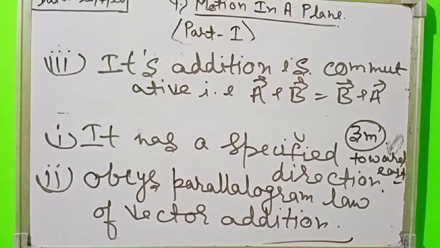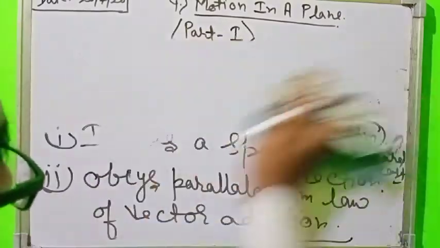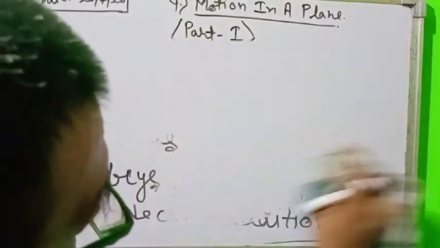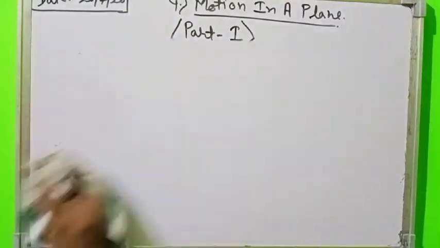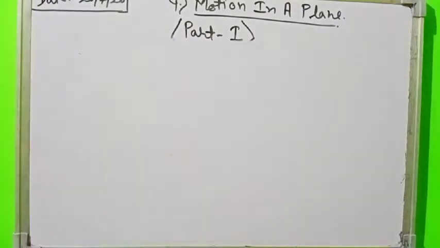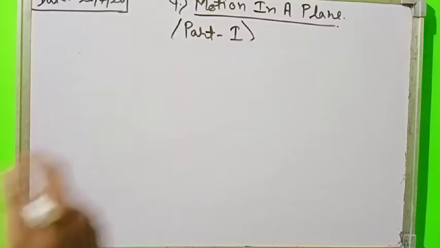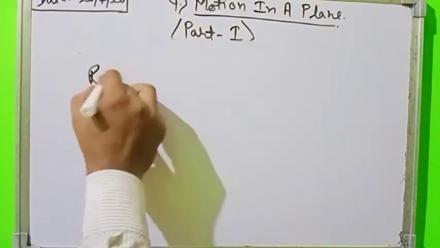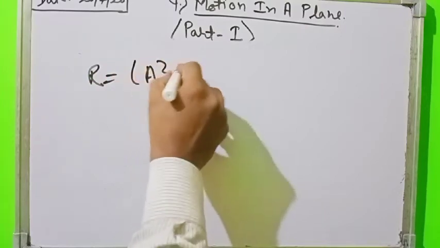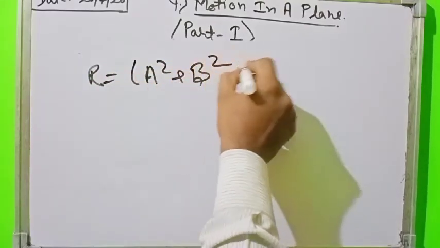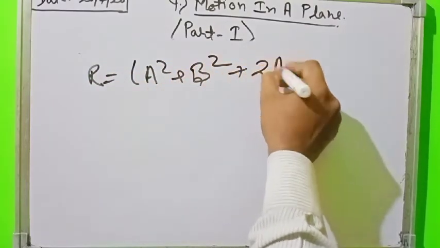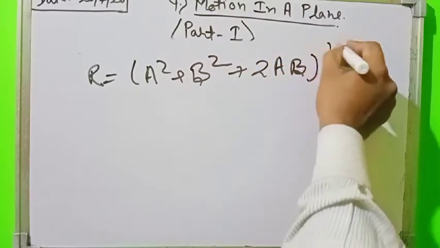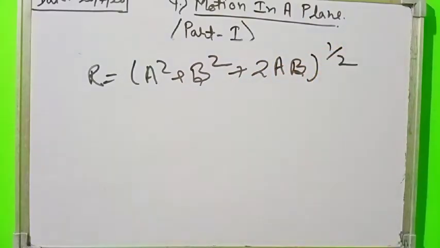Parallelogram law of vector addition means, I am writing just the formula, and later on we will derive this. R is equal to (A square plus B square plus 2AB cos theta) to the power 1 by 2.